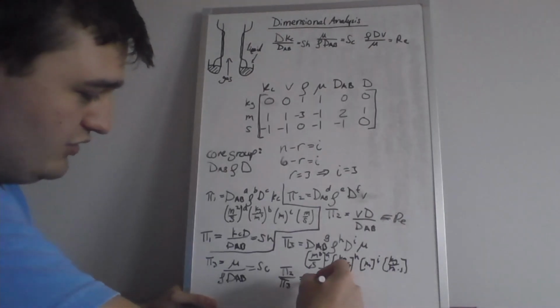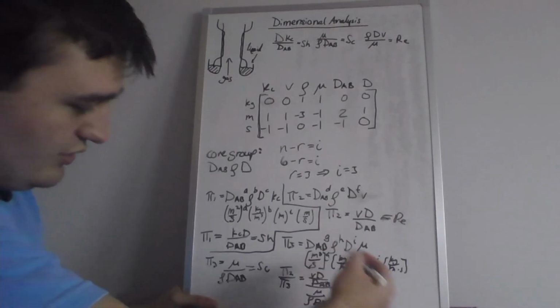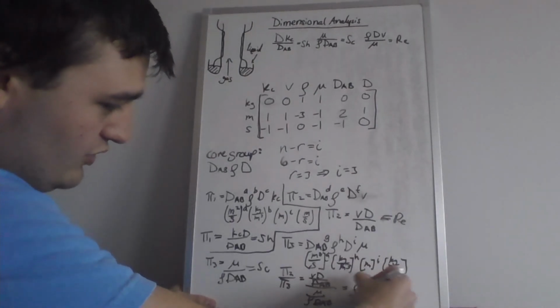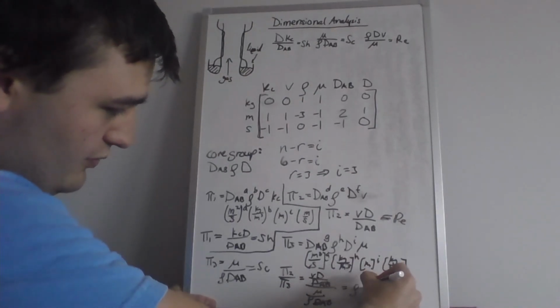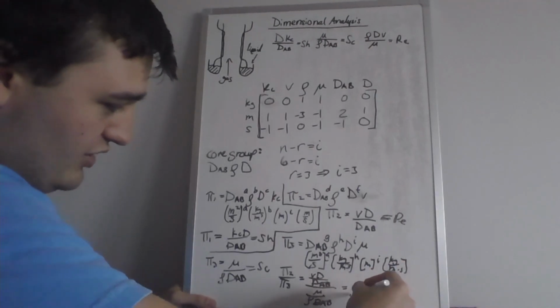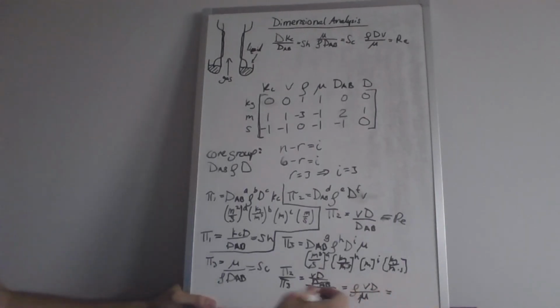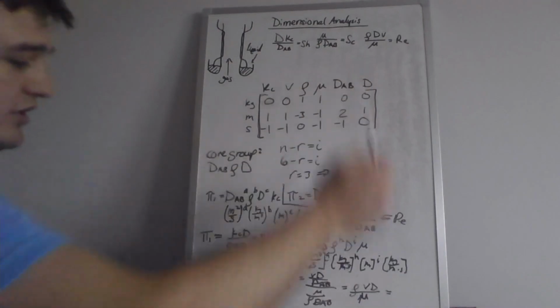So the diffusivities cancel out, and then you're left with the density goes to the top, velocity, characteristic length stay on the top, and you're left with viscosity on the bottom. Which is, if we look up here, our Reynolds number.